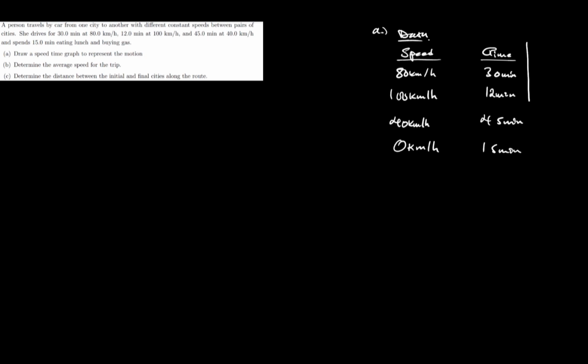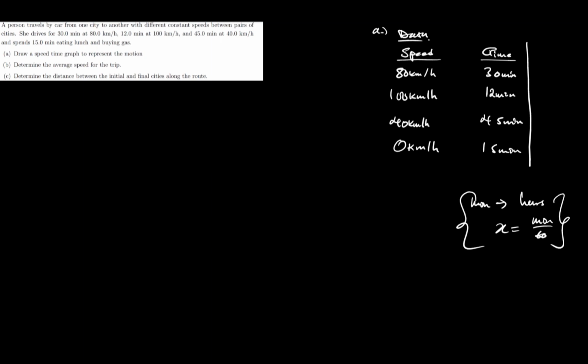We know that 1 hour is equivalent to 60 minutes, so to convert minutes into hours, all we have to do is divide by 60, and I'll get the hours I need.